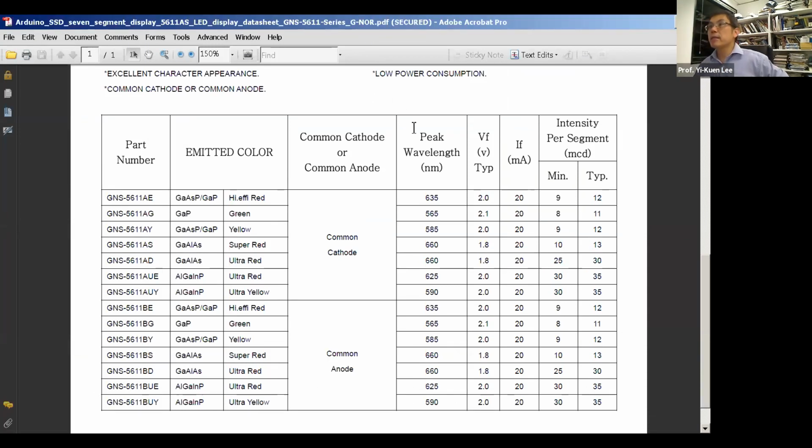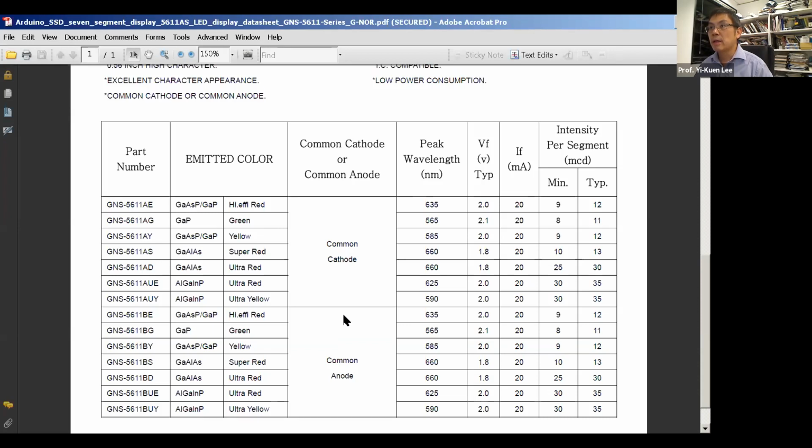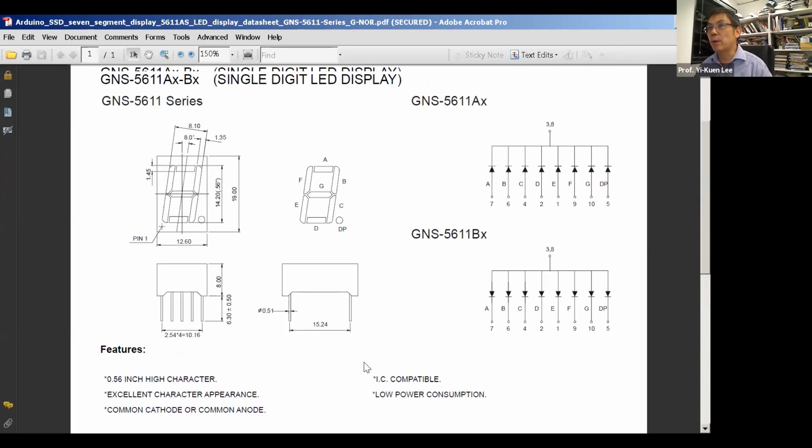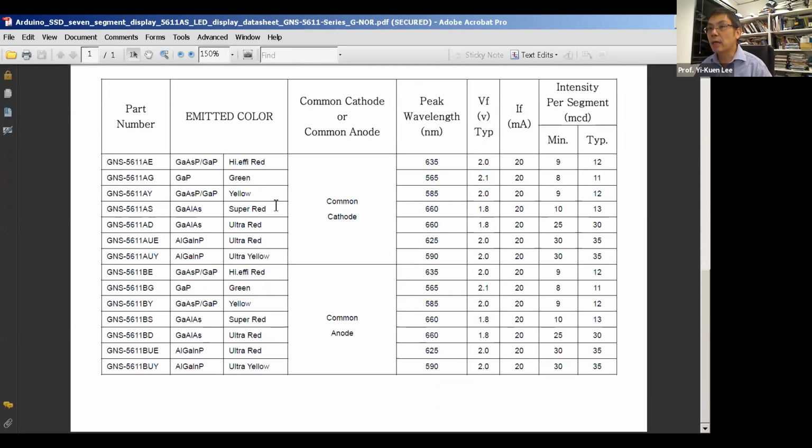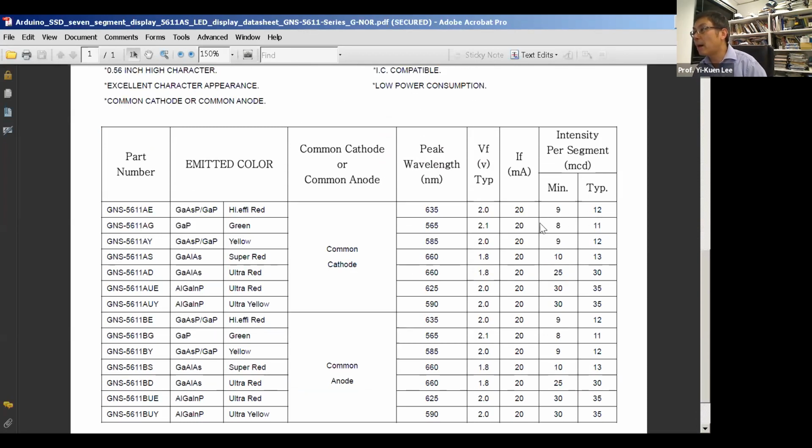Hello, can you see this Arduino 7-segment display data sheet? Basically, at least for a typical data sheet, they show you all the specifications, and also this common cathode configuration. Then they tell you the typical current, you see 20 milliamp, and the typical intensity per segment, 9 to 12 MCD.